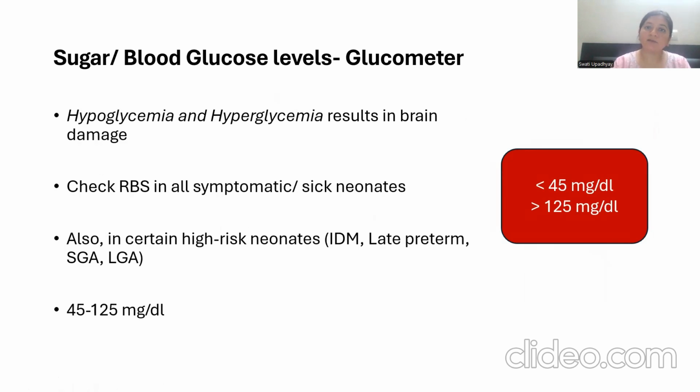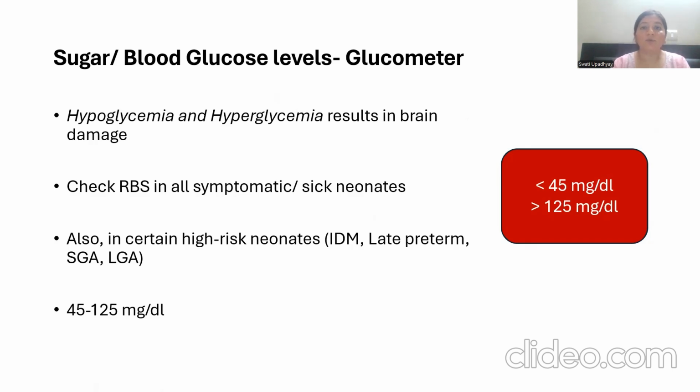So check RBS in all symptomatic babies, sick neonates, and also in certain high risk neonates, like an infant of a diabetic mother, a late preterm baby, that is, a baby born between 34 to 36 weeks of gestation, a small for gestational age baby, or a large for gestational age baby. In all these conditions, you must monitor blood glucose levels.